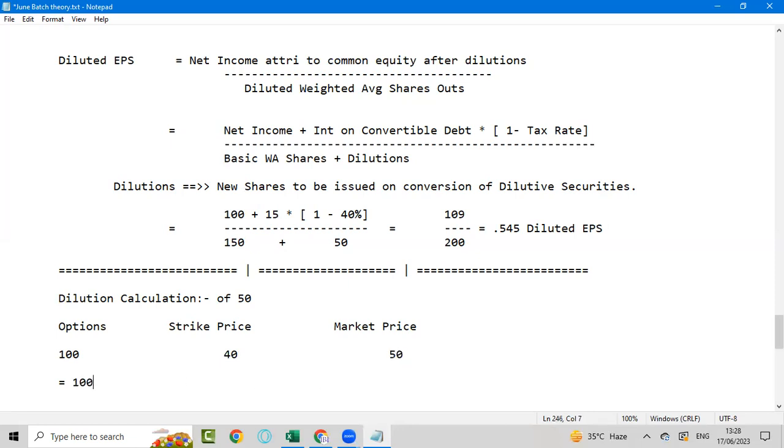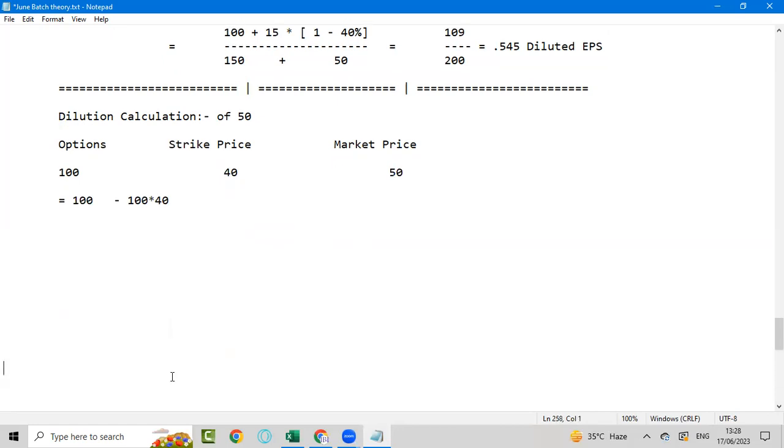So 100 shares will be issued. Company will get 100 into 40 rupees. What amount company will get? 4,000. We are assuming that this amount will be used to buy shares at 50 rupees. Company is issuing 100 shares.